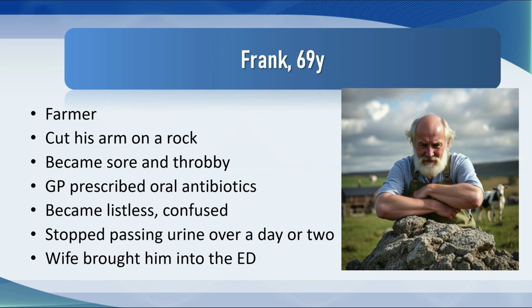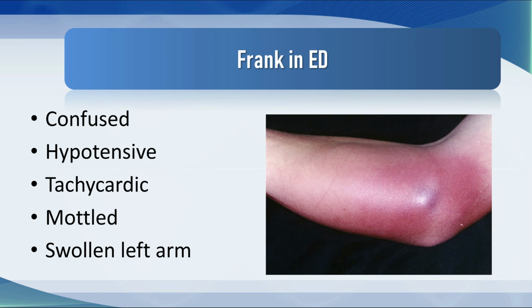Frank is a 69-year-old farmer who cut his arm on a rock a couple of days ago. It became sore and throbby. The general practitioner prescribed oral antibiotics, but Frank became listless and confused. He stopped passing urine a couple of days ago and his wife brought him into the ED. When he came to the ED, he was confused and hypotensive and tachycardic, and his legs were mottled and his left arm was swollen.